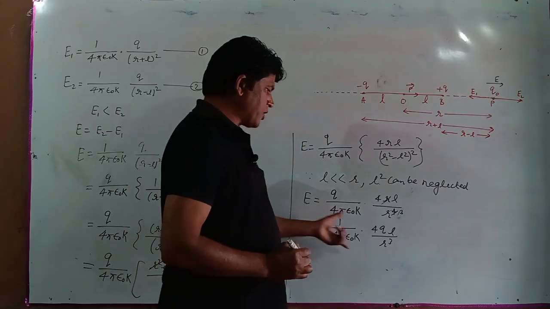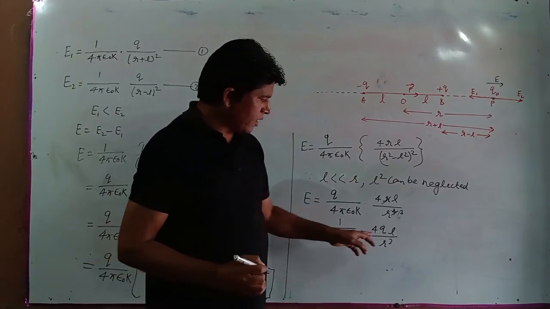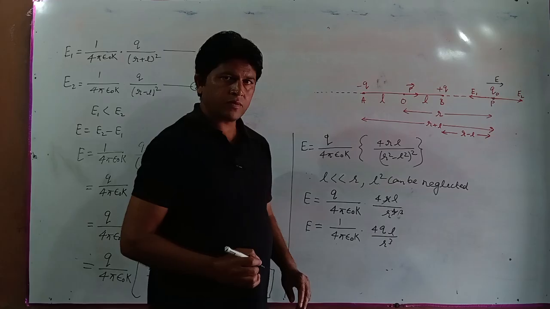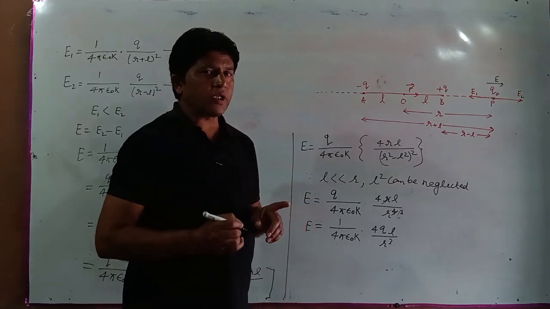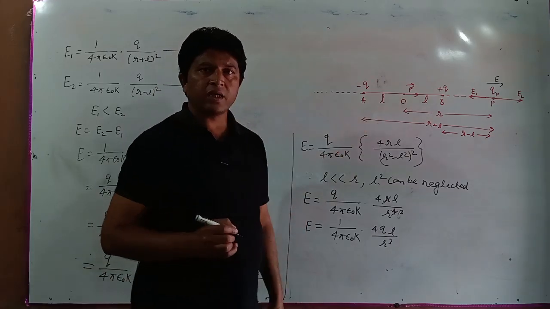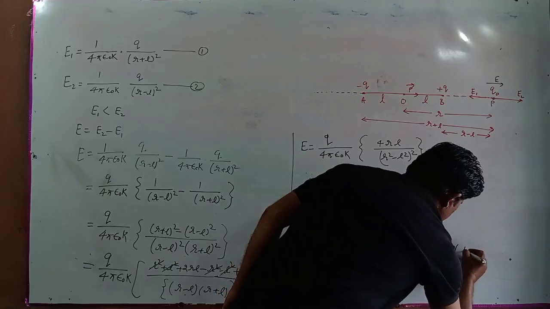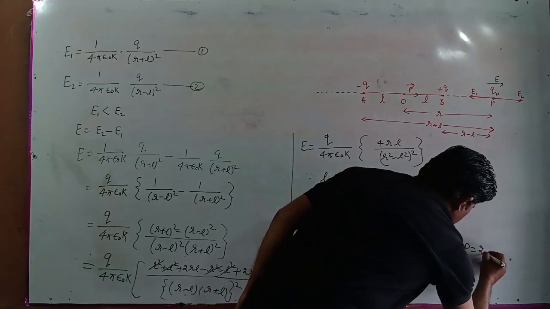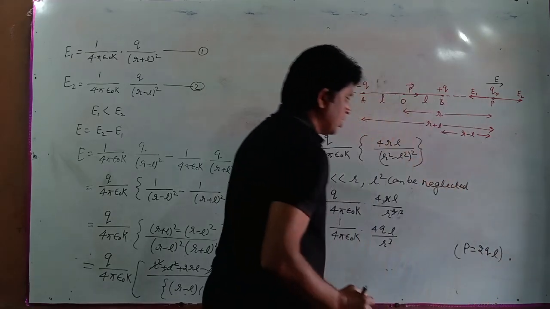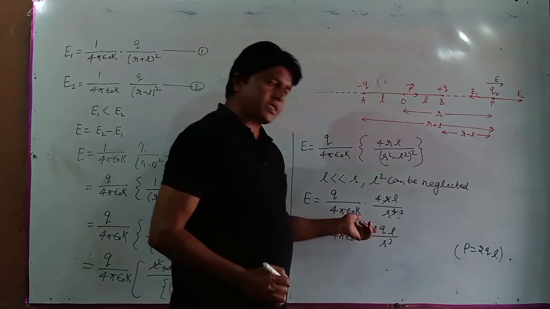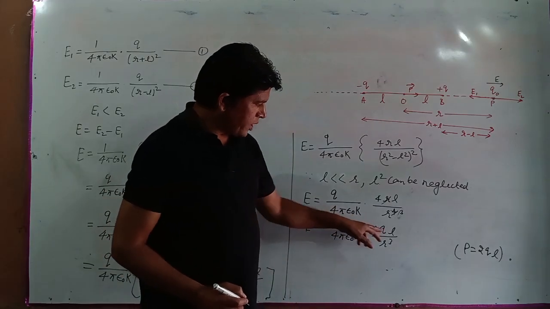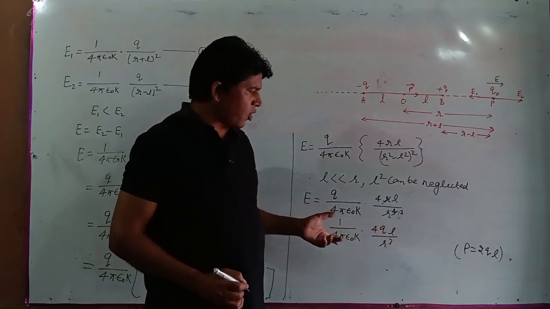In this expression, we see that we have QL, but we also know that the dipole moment P is equal to 2QL. So can we establish P in this expression?